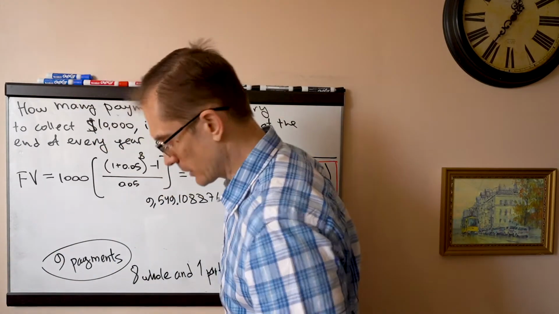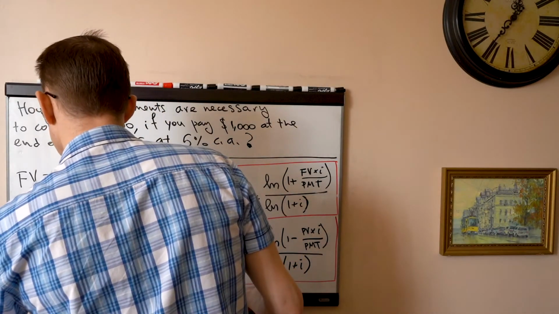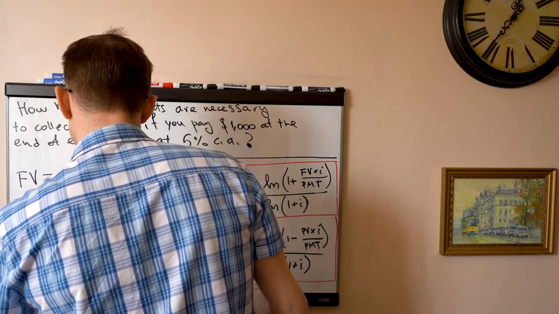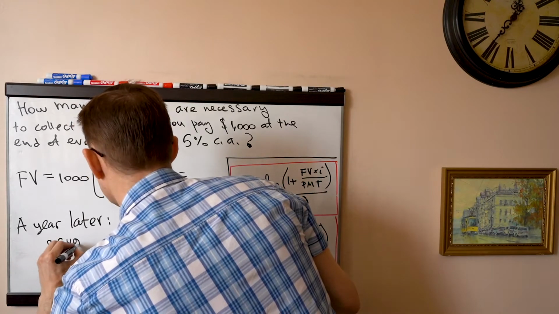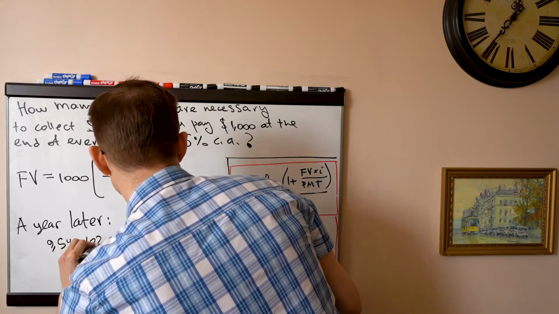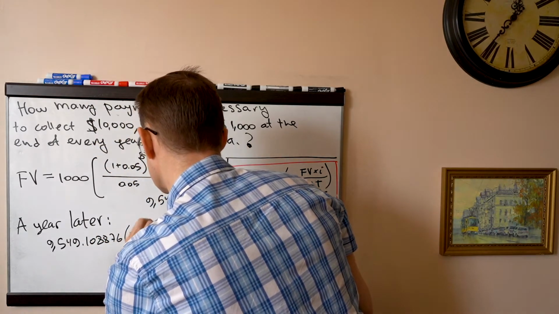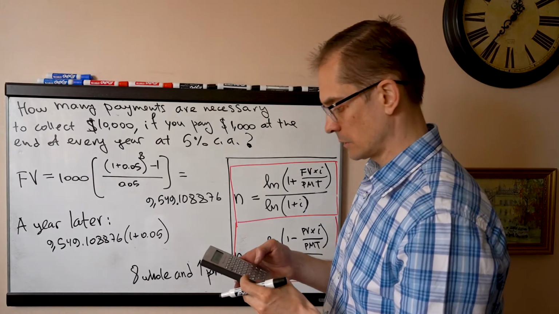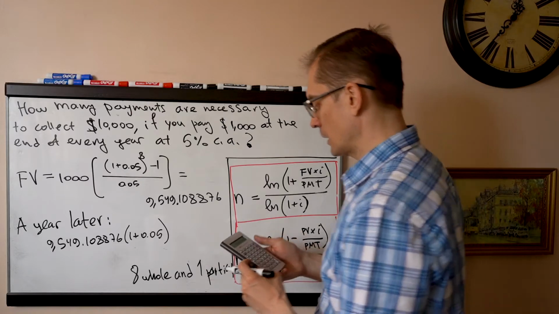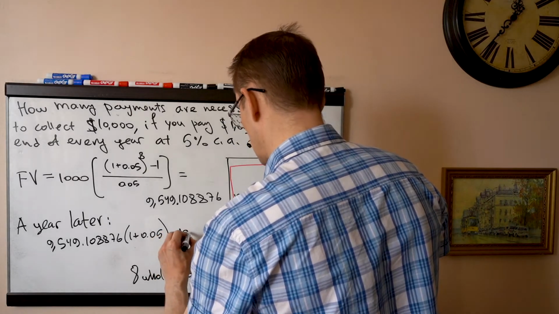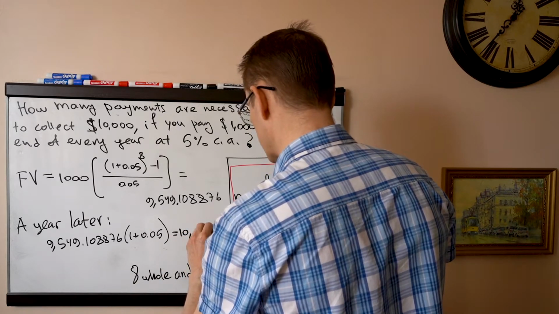Let me just erase here, and I'll write a year later. This 9,549.108876 will accrue interest, times 1.05, and it will become 10,026.56.